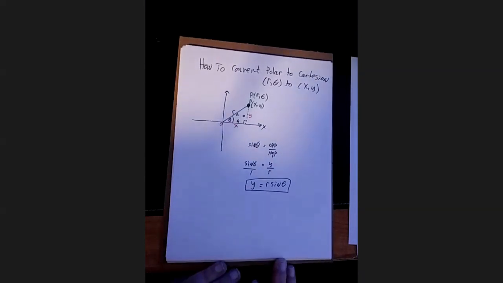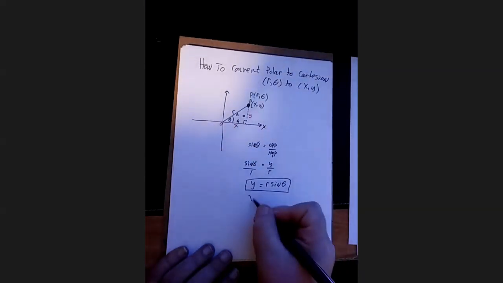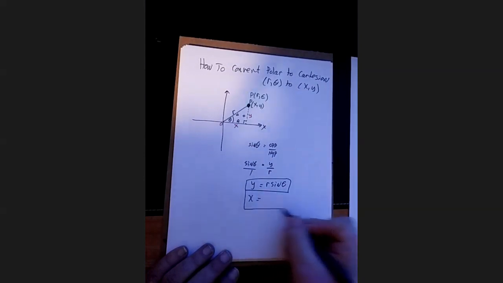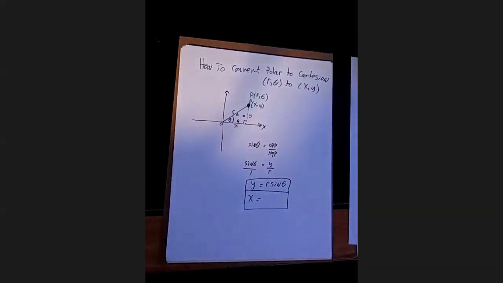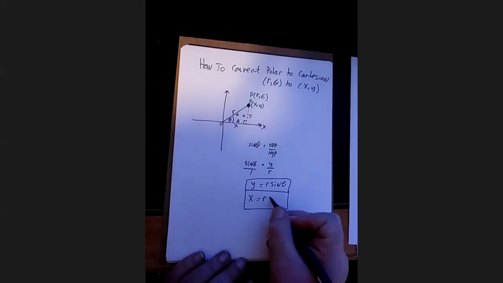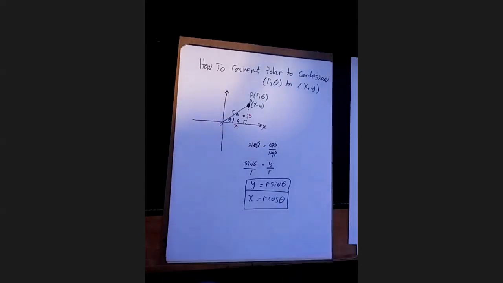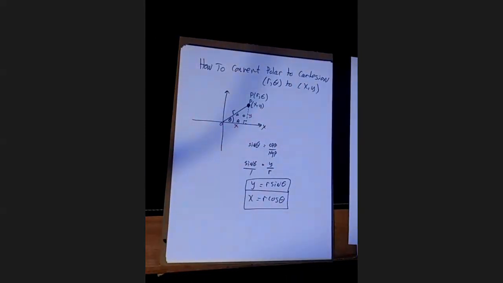That seems sensible. Without me going through the entire process again, how will I get the x coordinate? Cosine instead of sine. Can you remember doing some questions a few weeks back?